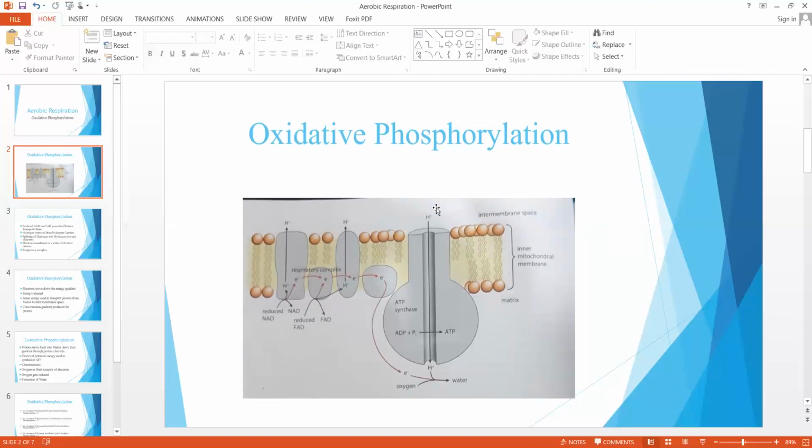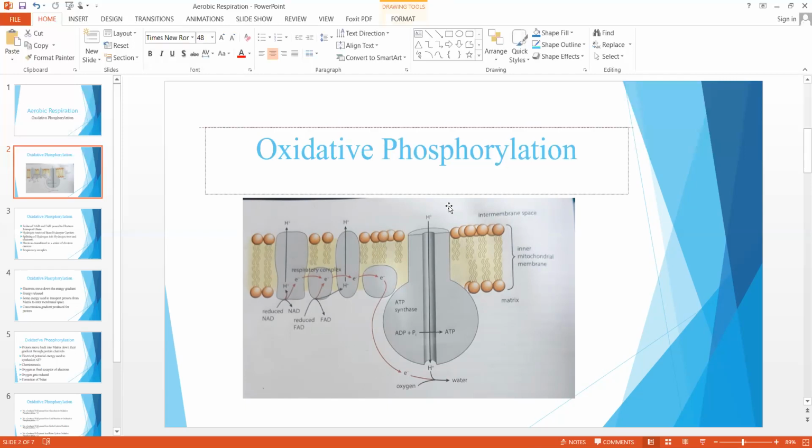So protons move back from the intermembranal space into the matrix of mitochondria, but now this is going to be down the concentration gradient, and this is an example of facilitated diffusion because it is taking place through this protein channel, but not with the utilization of energy, because protons are moving down their concentration gradient from the intermembranal space back into the matrix of mitochondria.